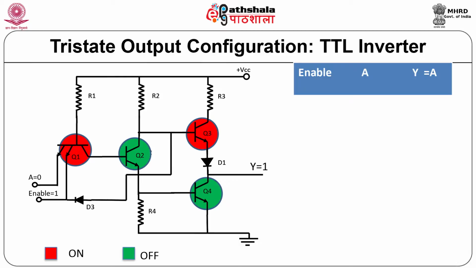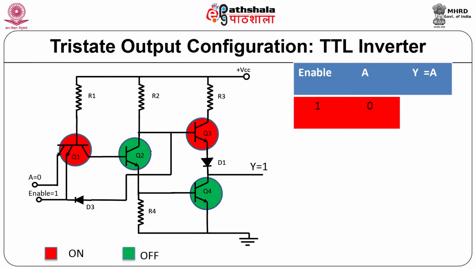Let us consider enable as logic 1 and input A as logic 0. As this circuit is an inverter, the expected output is logic 1 because input A is logic 0.